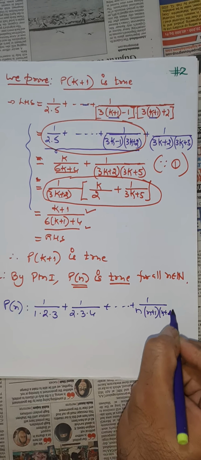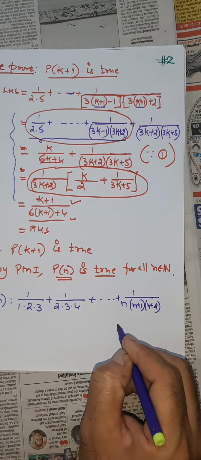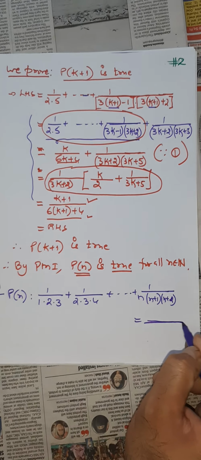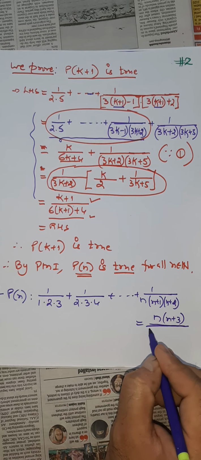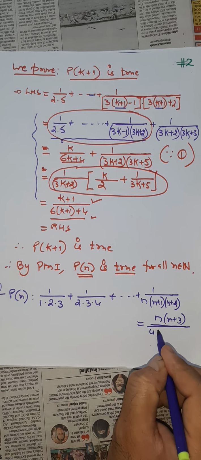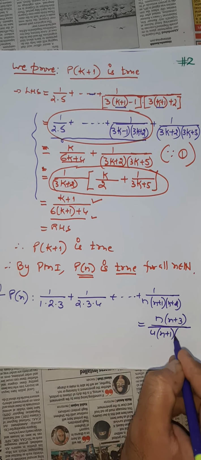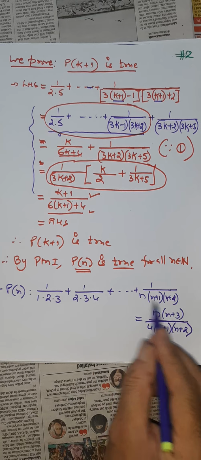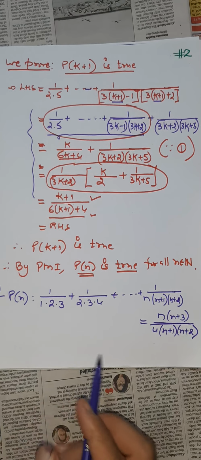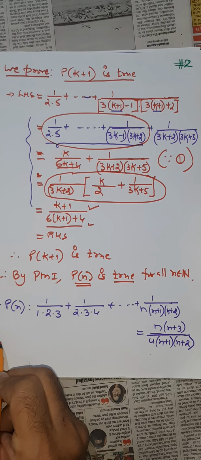You want to show that this is exactly nothing but n into n plus 3 upon 4 into n plus 1 into n plus 2. This is Pn.